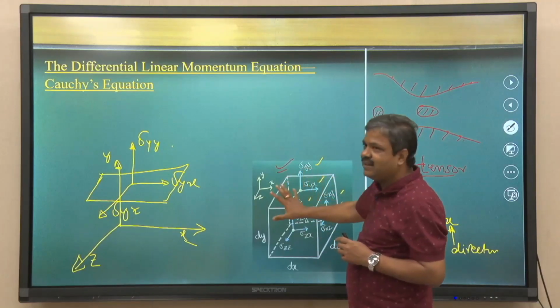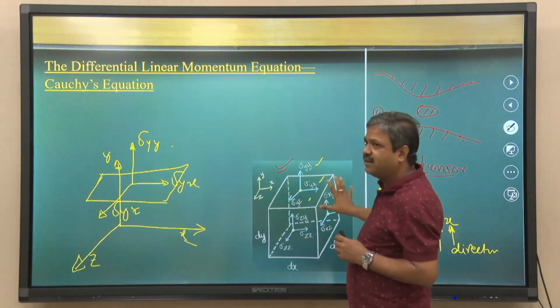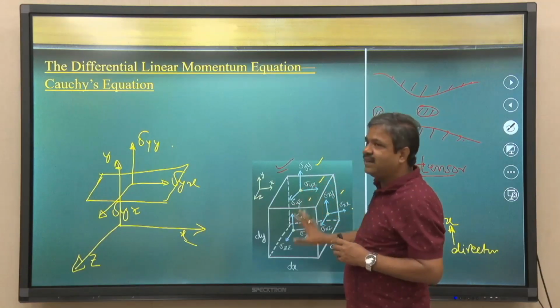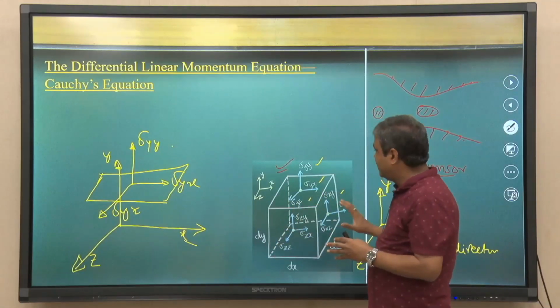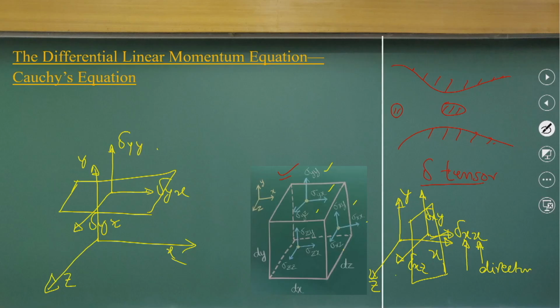I am defining the internal resistance force per unit area, because it is easy for me to derive it. That is the reason we talk about the traction, but indirectly, for this infinitely small control volume where I have dx, dy and dz as the dimensions, over this surface I am defining what internal resistance forces are there per unit area. That is the reason I am talking about the stress field.